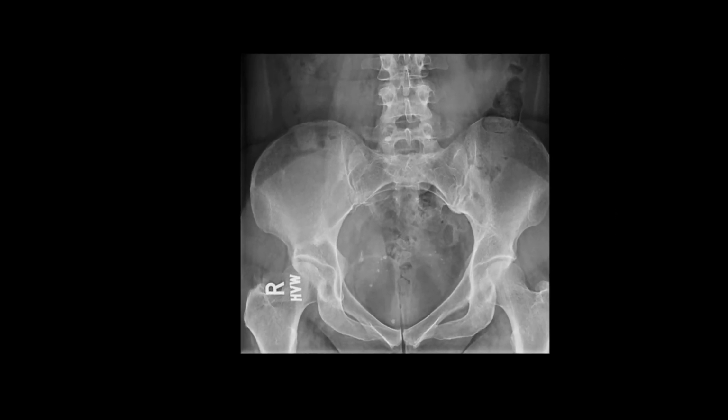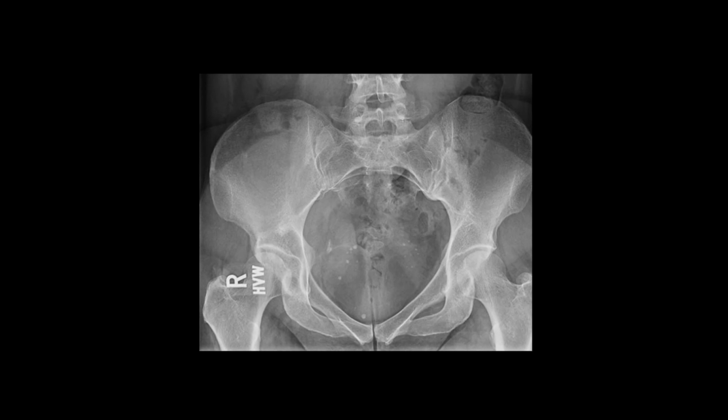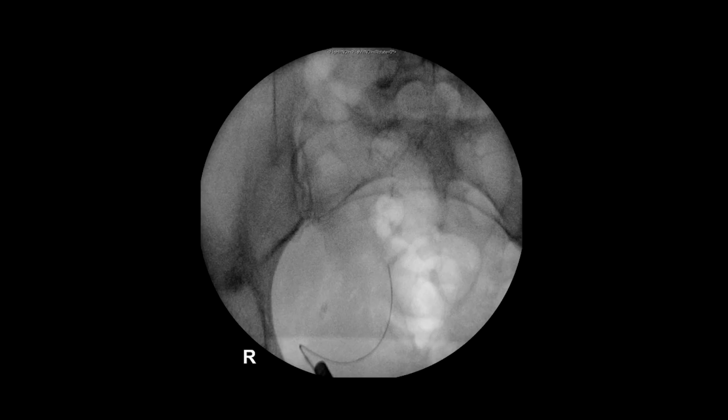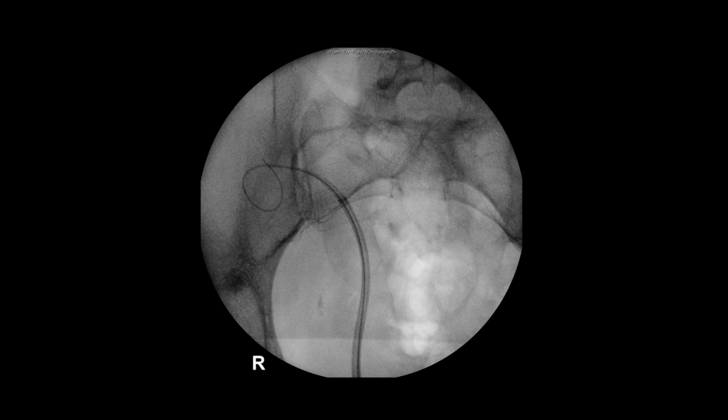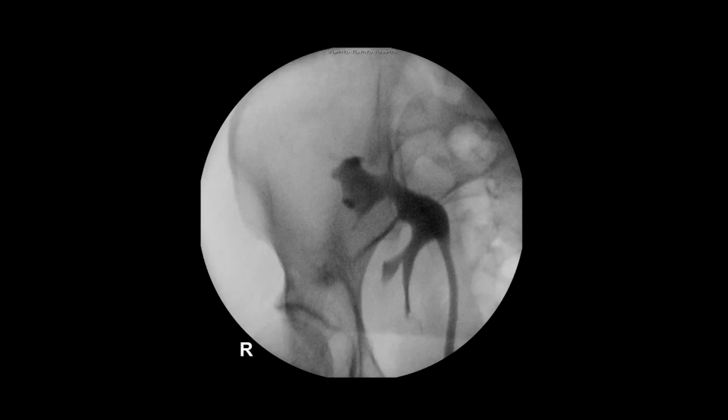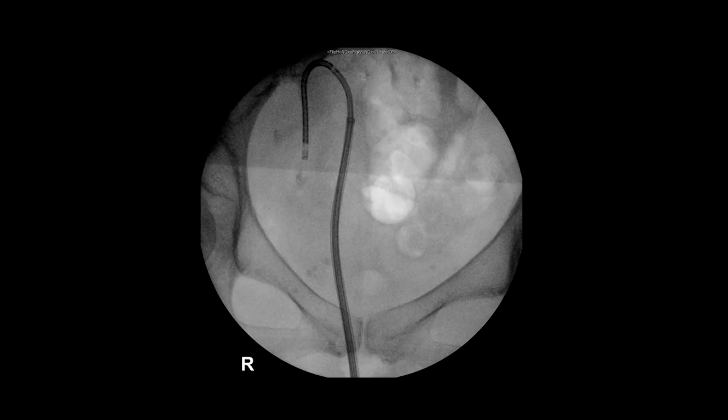You can see on this plain KUB, the stone sits here in the right iliac fossa, and you can see here that we're passing a sensor wire up into the kidney. You can see there we've got a short access sheath, a 28 centimeter access sheath, and then we've got a lovely retrograde which shows the transplant kidney in the right iliac fossa, and of course the stone, as you might expect, is right in this most dependent calyx.